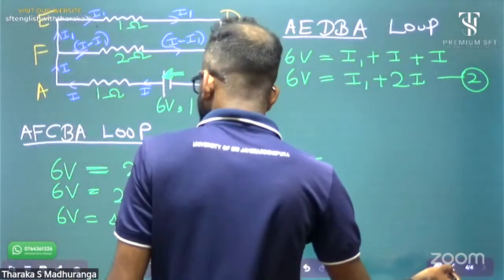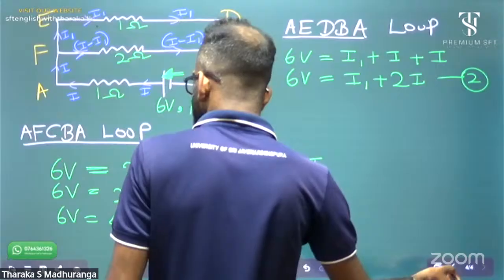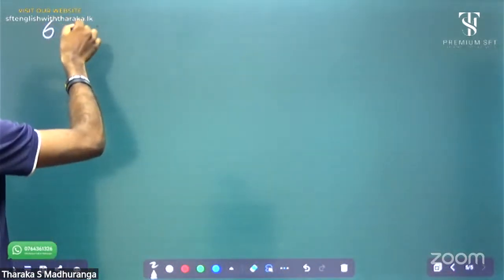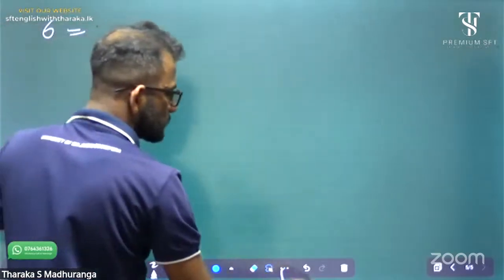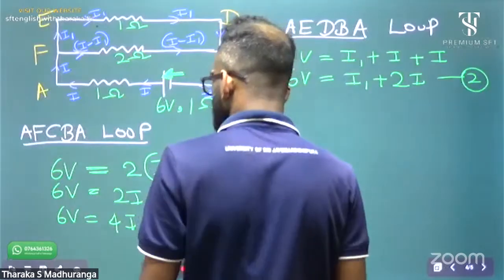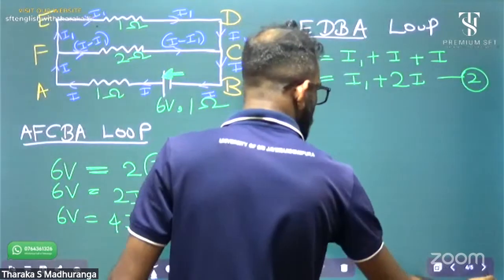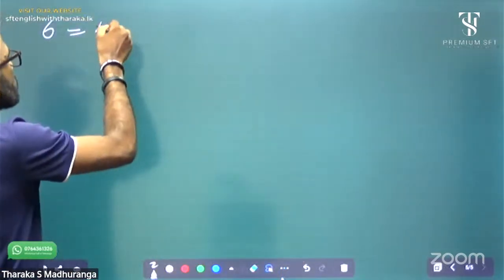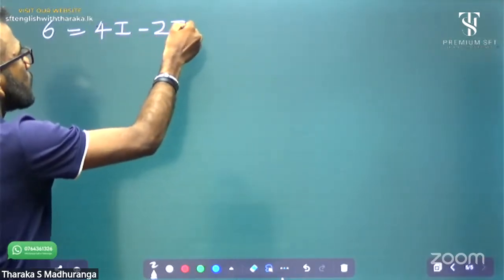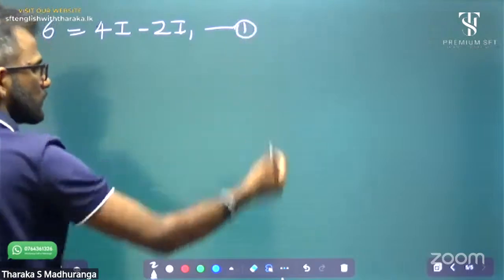Okay, my first equation was 6 equal 4I minus 2I1. This is my first equation.